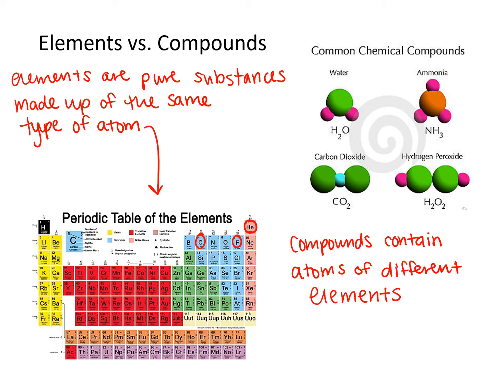But when we look at the difference between an element versus a compound, the big thing I want you realizing is that compounds are made up of two or more types of elements. So we look at water, we see hydrogen, which would be an element, and oxygen, which would be an element. We look at ammonia, we see nitrogen and hydrogen as well. So compounds have two or more types of elements, whereas the element itself is just the single type of atom.